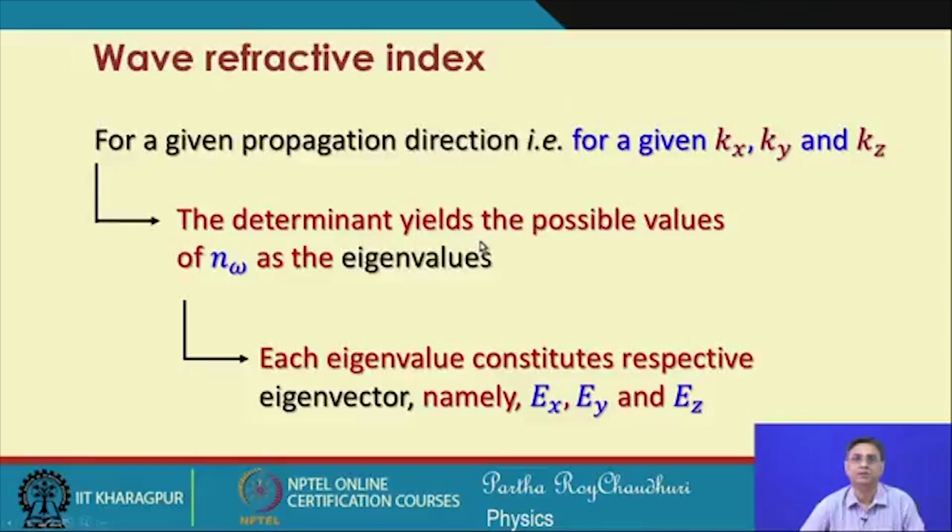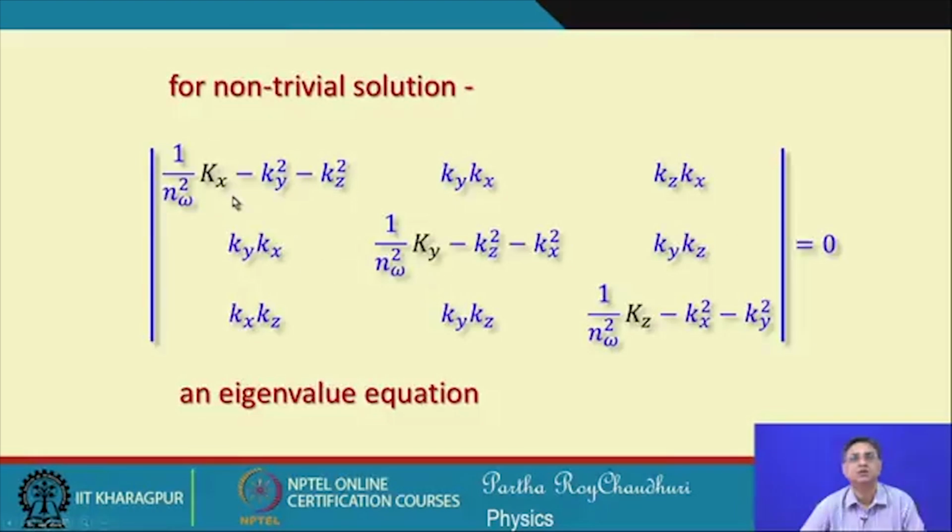The determinant equation will yield the possible values of n omega as the eigenvalues, because it involves only kx, ky and kz, and capital Kx, capital Ky and capital Kz. These are the properties of the medium. These are the properties of the direction of the electromagnetic wave.